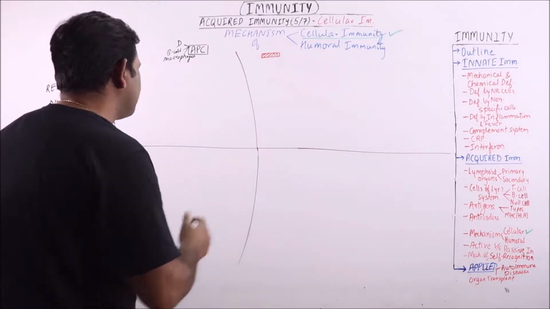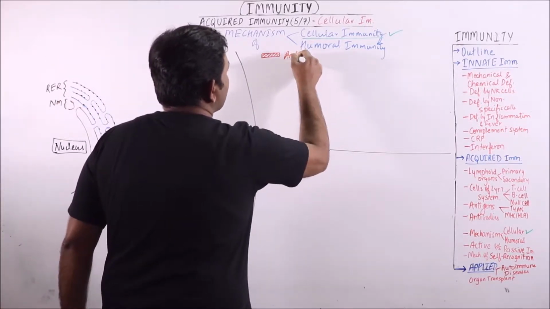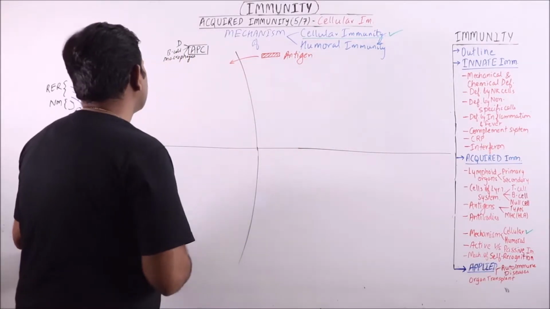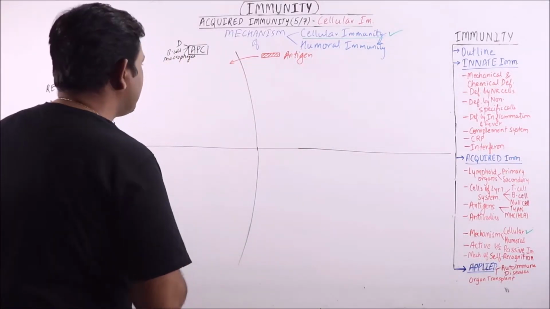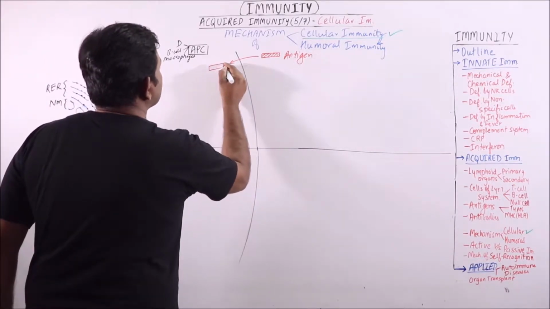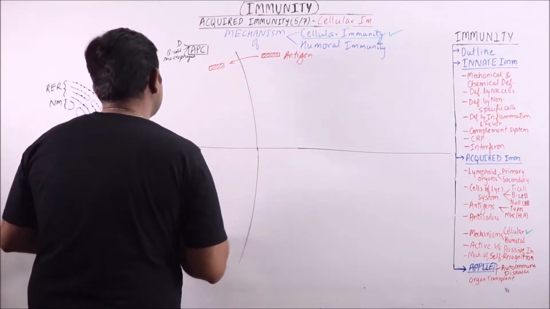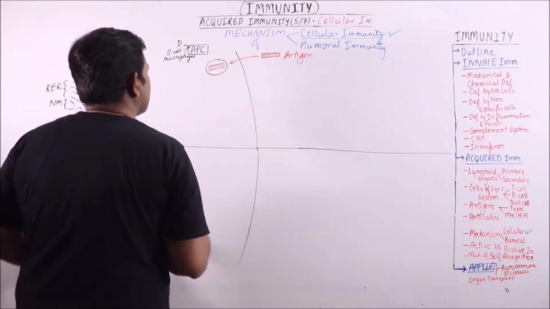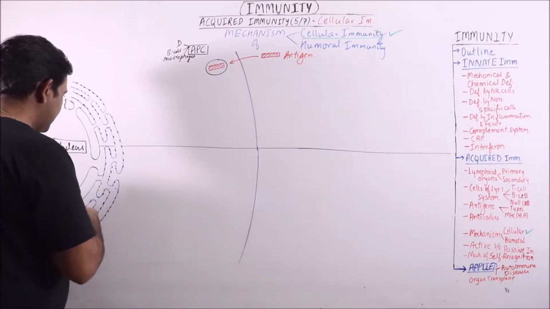This antigen is engulfed by this APC. So endocytosis is done, and now it is in the cell.